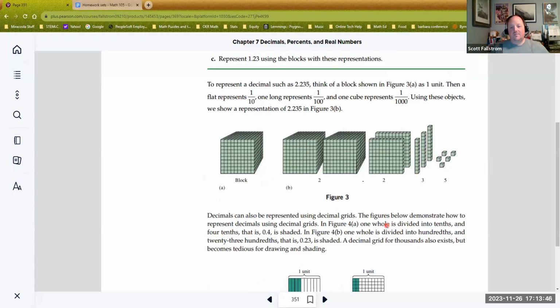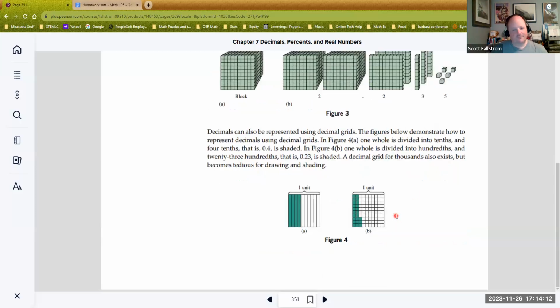Again, the big piece to remember is that you should be thinking about what is your whole? What is your one unit? You've got to make sure it's clear to anybody who's doing these. Depending on what they were thinking of as their whole, here they're thinking of the whole block as the whole. That way they can get tenths, hundredths, and thousandths.